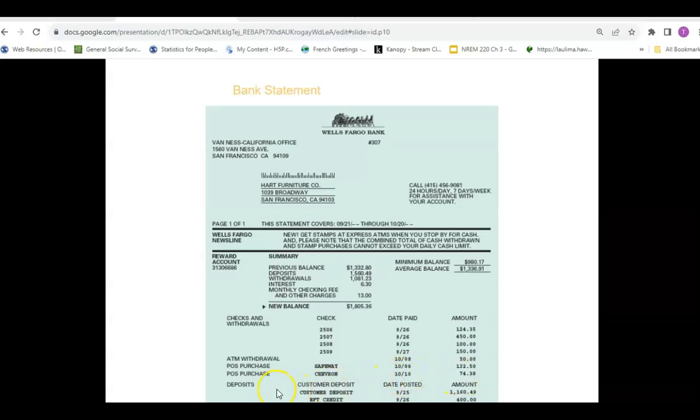And then if there were any deposits, they would be listed here. So here it shows that the customer deposited $1,160.49 on the 25th. And let's say that there was an electronic funds transfer. So somebody automatically transferred money into the account. That would be listed here as well.